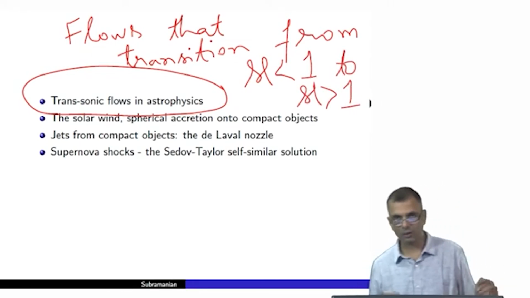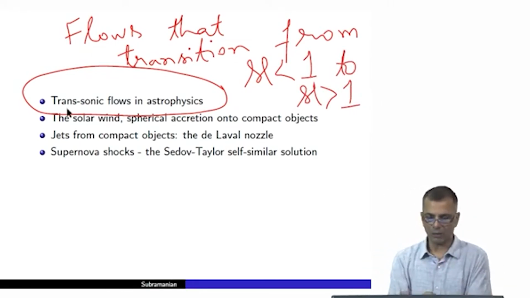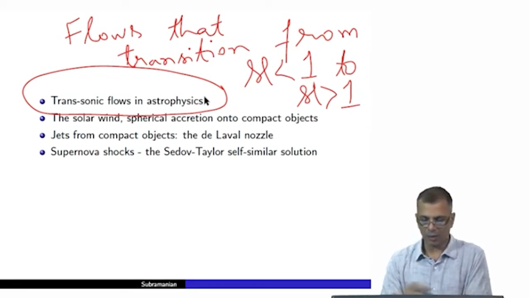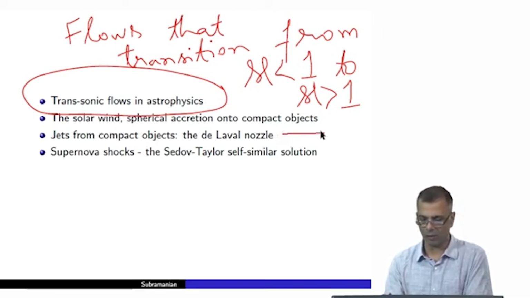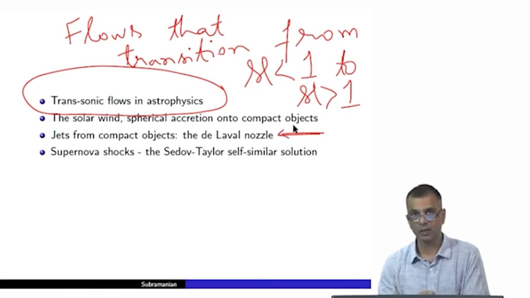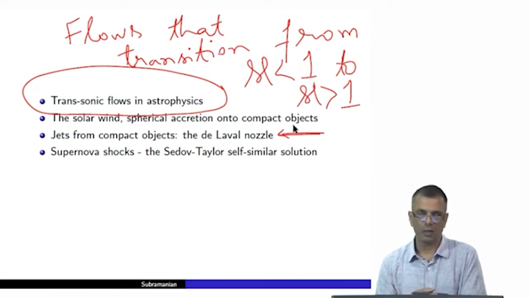That's what transonic means, right? Okay, so this is what we're discussing, and there are several applications, and we have already just discussed jets from compact objects, and the application of the concept of a de Laval nozzle to that, right?